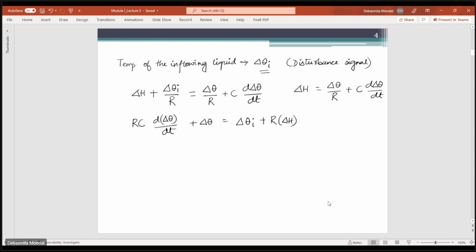That means there is some heat flow happening through the tank walls, and some heat loss from the tank wall to the ambient atmosphere. So because of that, the liquid temperature also changes. Now let's write that the tank insulation is imperfect.